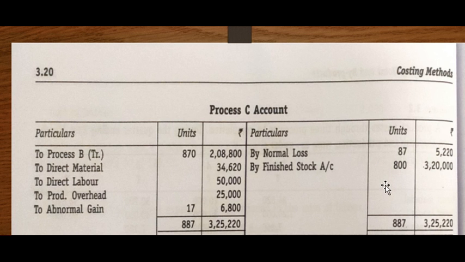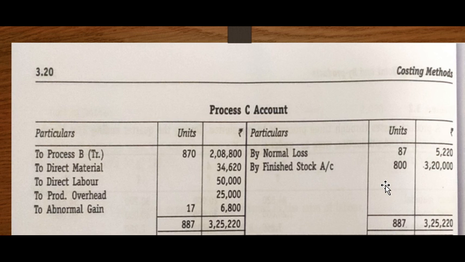So 870 in input and 887 in output, which is more than your input. When your output is more, obviously there is an abnormal gain. So please remember always, when your output units are more than your input units, you will have abnormal gain. If your input units are more than your output units, then you will have abnormal loss.